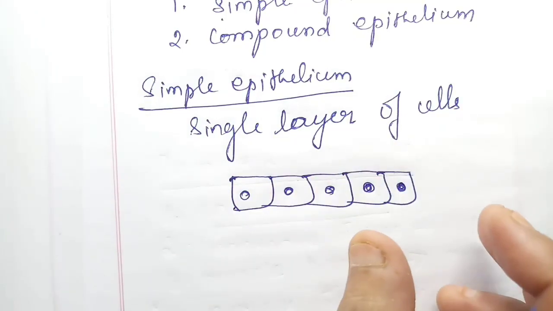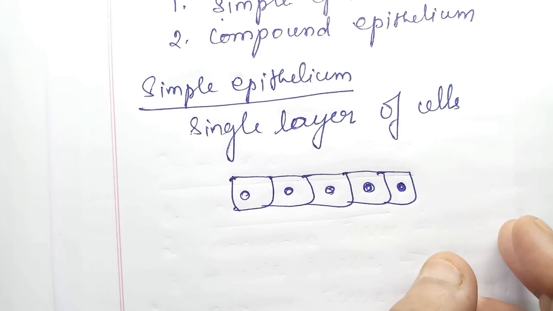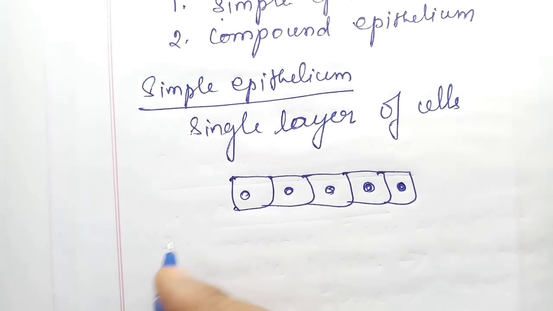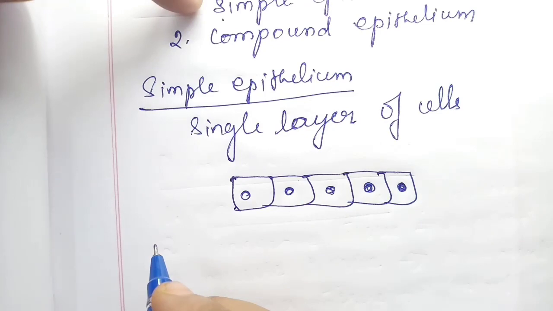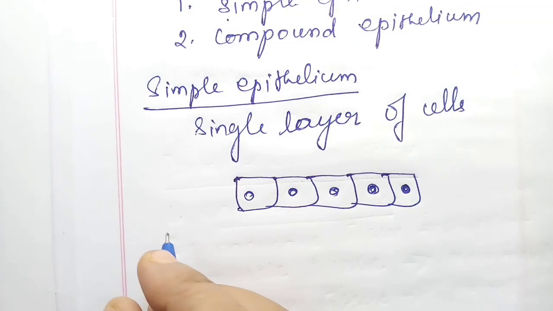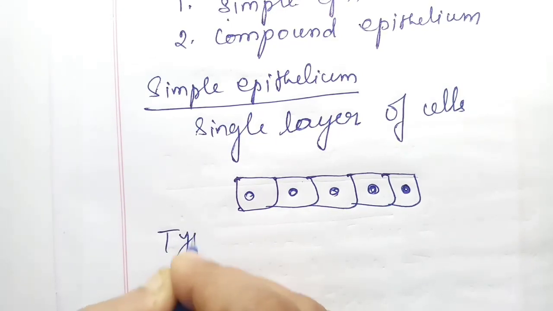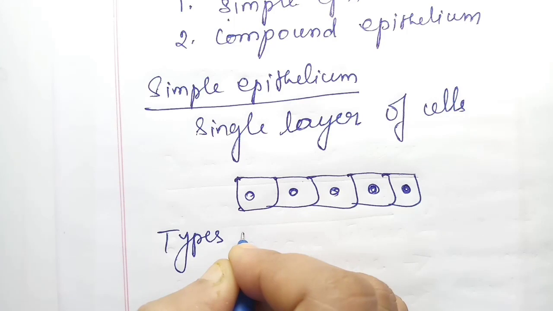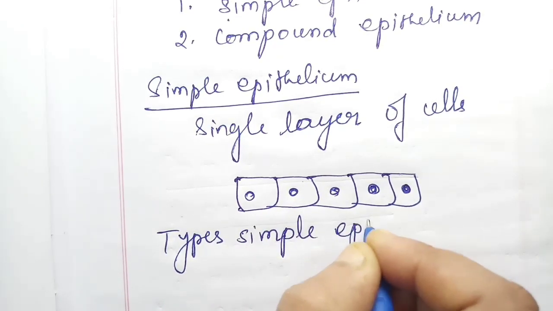If a single layer of cells is there, that is called the simple epithelium. In compound epithelium, many layers of cells will be there, but in simple epithelium, a single layer of cells will be there. The types of simple epithelium.